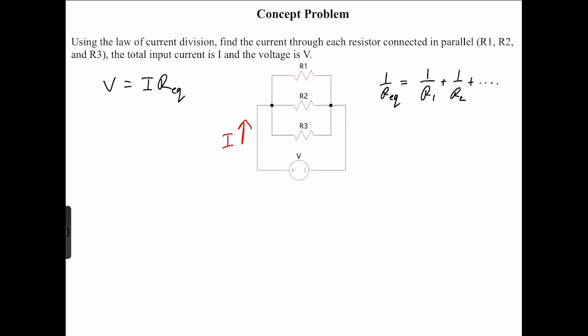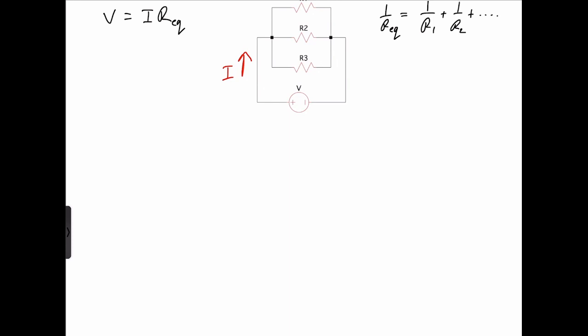However, let's start with two resistors in parallel. We can say that 1 over R equivalent is equal to 1 over R1 plus 1 over R2. We can combine these two over a common denominator, R1 times R2.